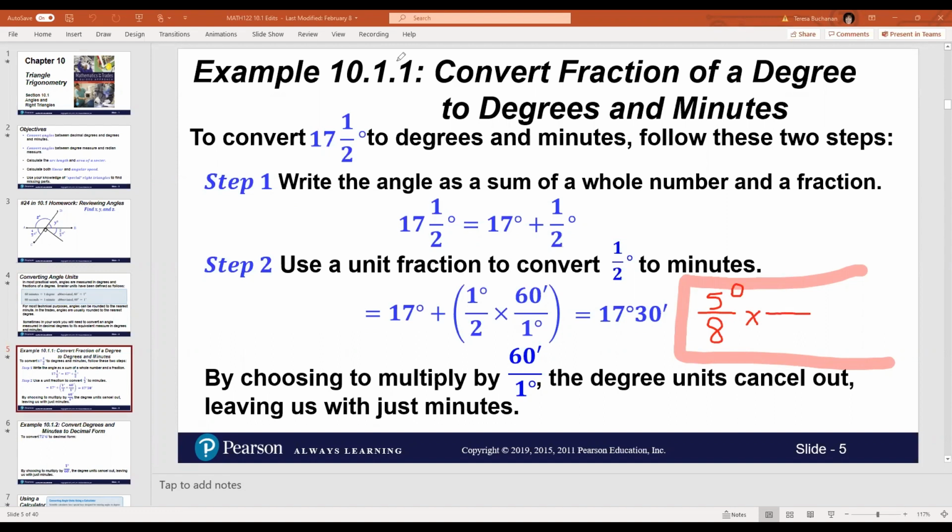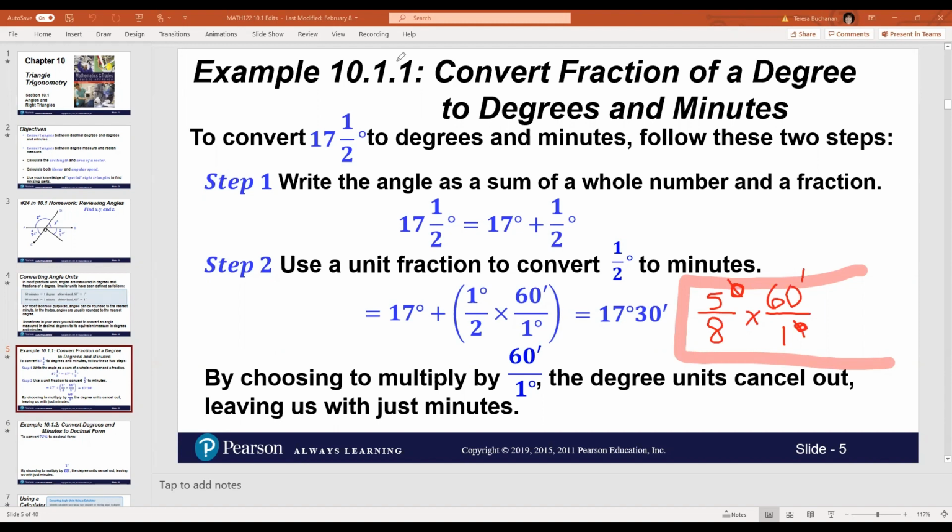Again, my unit multiplier allows me to set this up so that the degrees will cancel. I want degrees on the bottom, so they'll cancel with those degrees up there in the top. 1 degree is equal to 60 minutes. So those are gone. And I am left looking at basically 300 there in the top, divided by the 8 in the bottom.